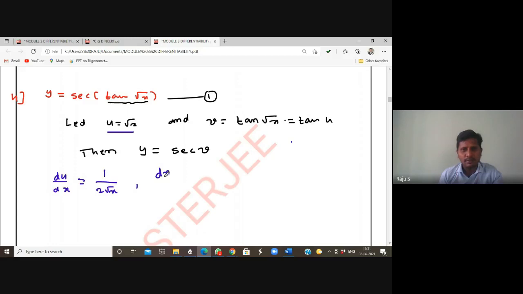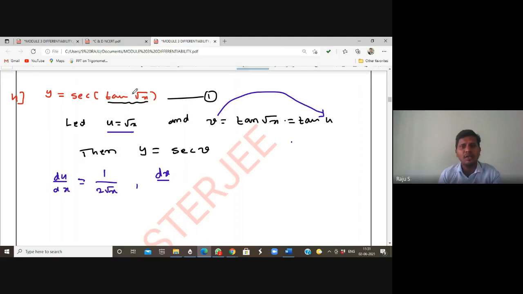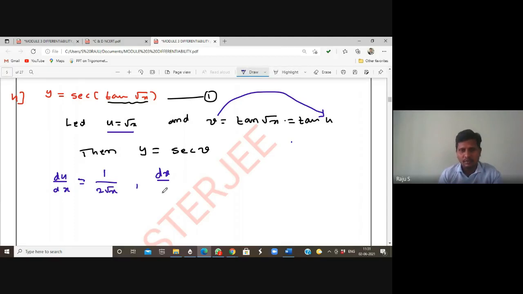Next, v is a function in terms of u. So don't differentiate here with respect to x, because root x is already u. So dv by du is equal to what? Tan u derivative, secant square u. Yes, we can write. Because v is a function in terms of u, it is the derivative of v with respect to u.